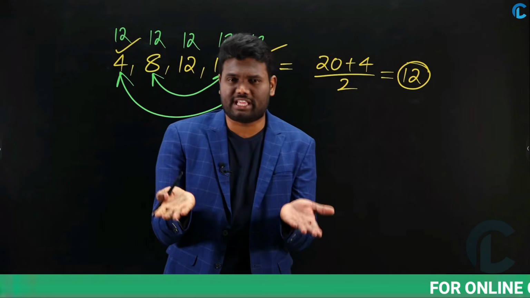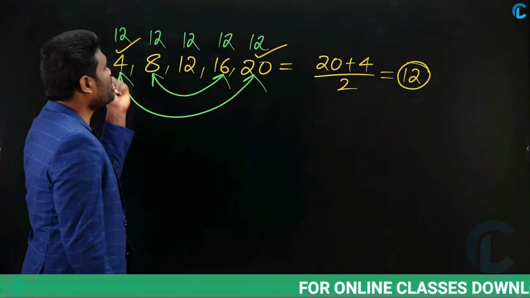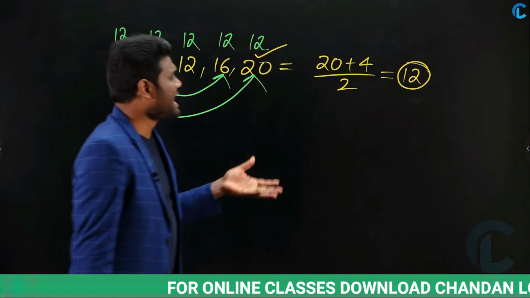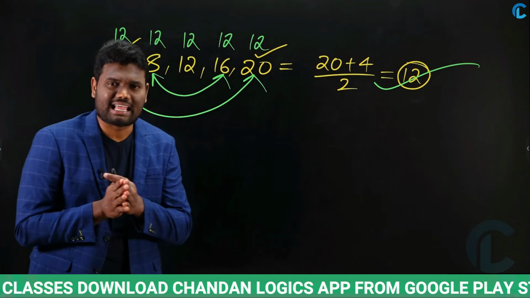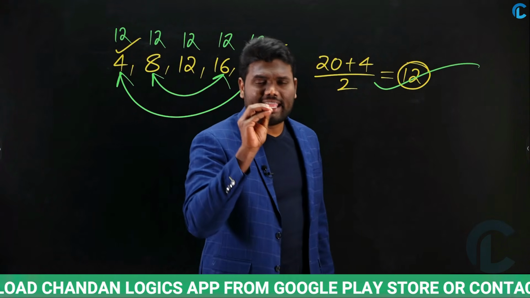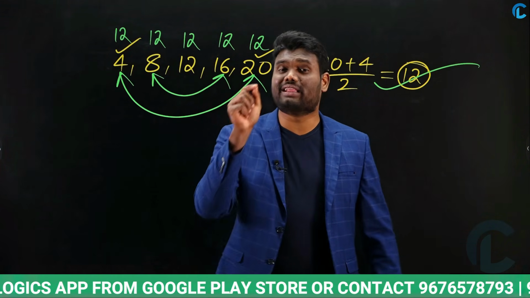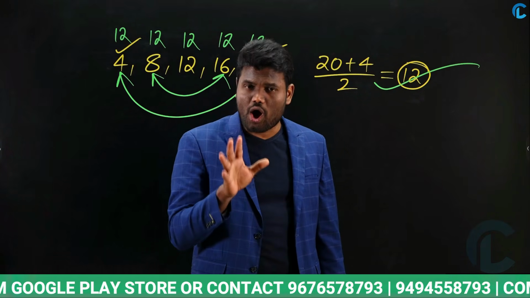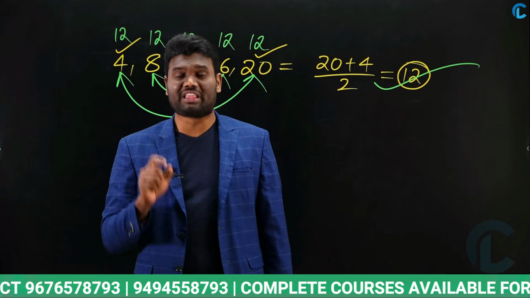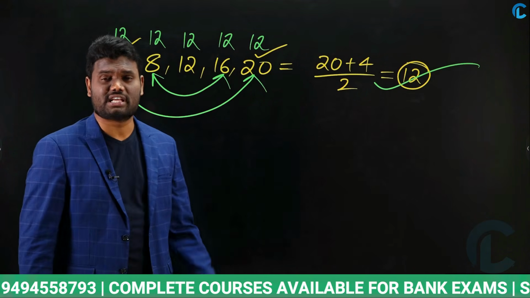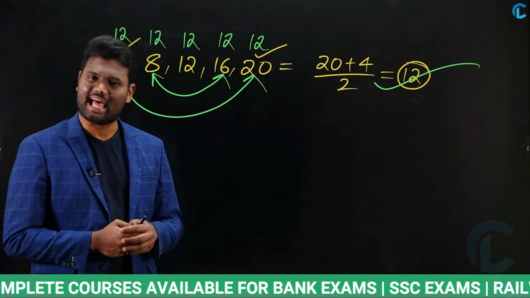Both of them share with each other. Now all of them will be 12. So I can say that average is nothing but 12. So I can say in simple words, average is nothing but highest number plus lowest number by 2 when the series is in arithmetic progression, or you can say average as middle term when the series is in arithmetic progression. Similarly, you can say average as equal distribution as well.